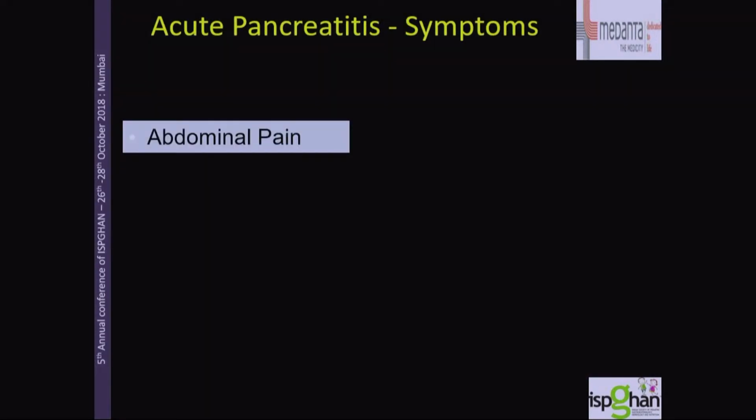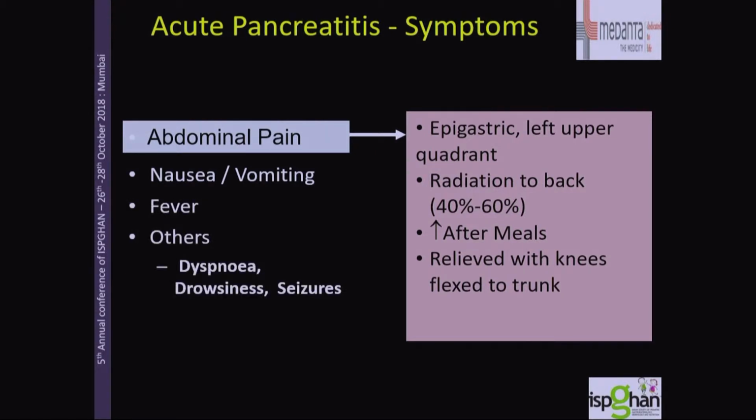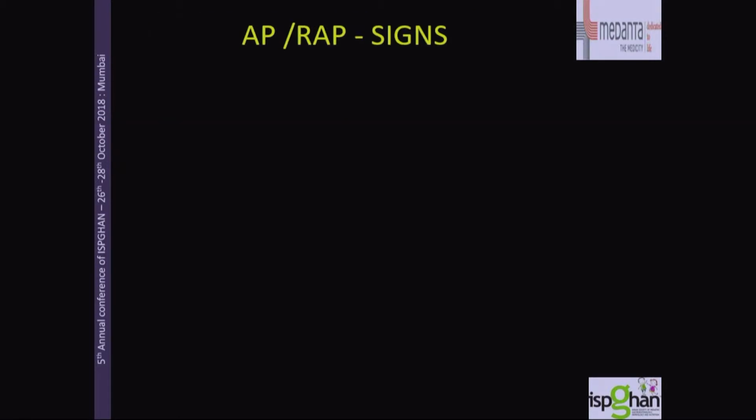So what are the symptoms? Abdominal pain is the main symptom, seen in the epigastric or left upper quadrant, radiating to the back in half the patients, and worse after meals. The child typically goes into a knee-flexed position to relax. It would be associated with nausea, vomiting, poor appetite, fever, etc. If you have complications, they may present with dyspnea, drowsiness, seizures.